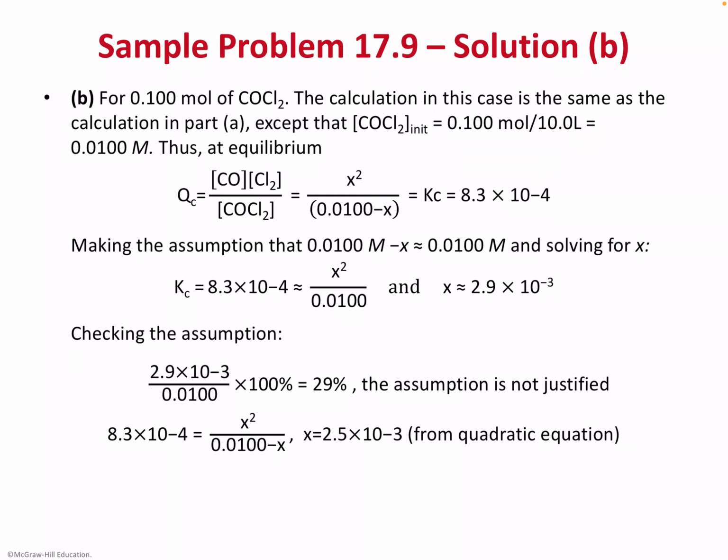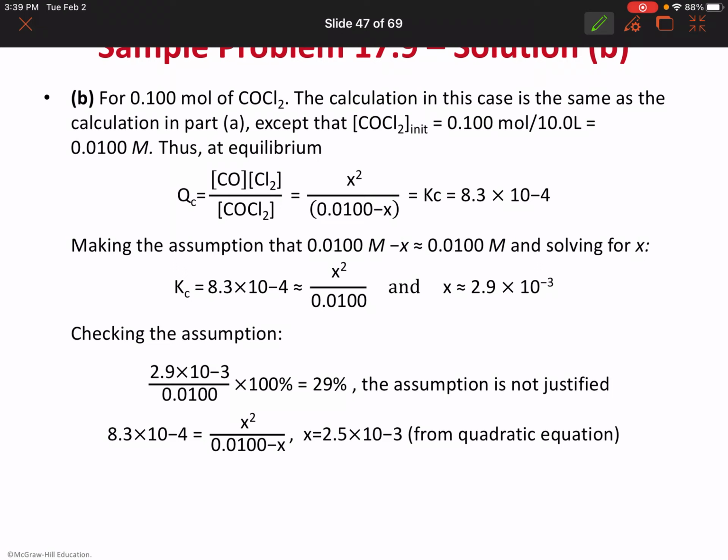So if you check our ratio, 0.01 over Kc, you divide it by 8.3 into 10 to the negative 4. Can you do this calculation with me and see what number you get? 0.01 over 8.3 into 10 to the negative 4.